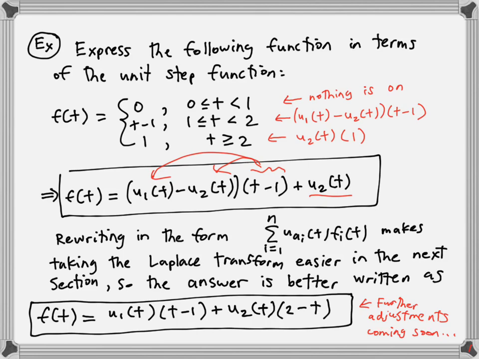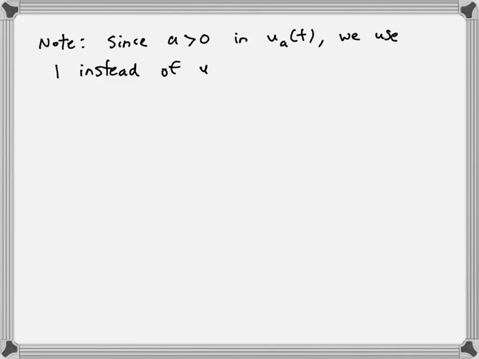There is one thing I want to say, which is, so note, and this will apply in the next example that I do, since a must be positive in ua of t, we use 1 instead of u0 of t if a function begins turned on.